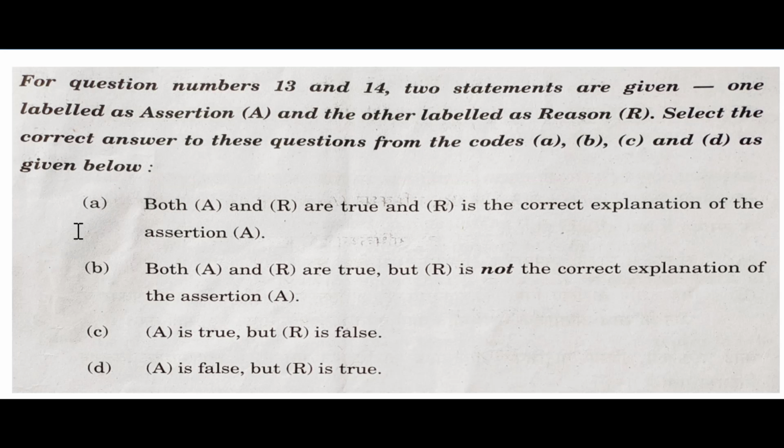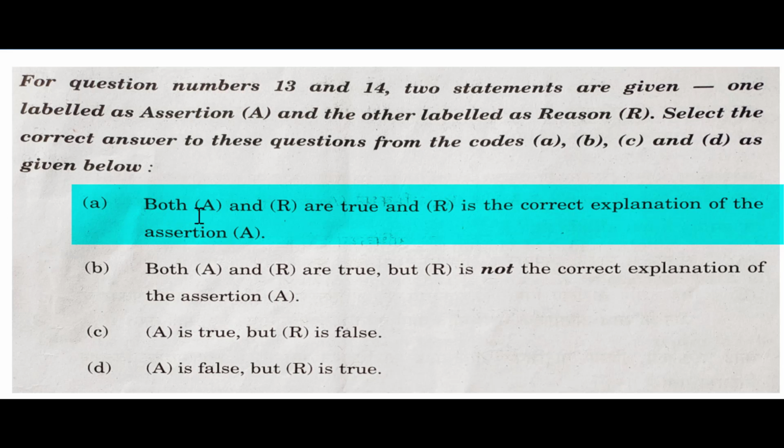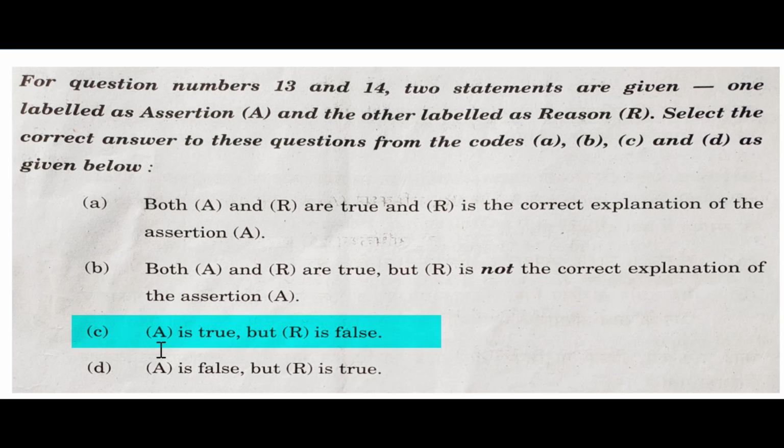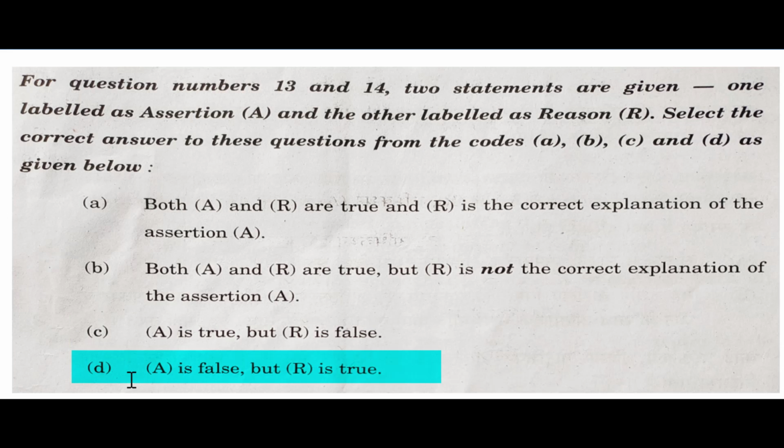We have to give option A if both A, meaning assertion, and R, meaning reason, are true and R is the correct explanation of the assertion A. Option B will be when both A and R are true but R is not the correct explanation of the assertion A. Option C, A is true but R is false. Option D, A is false but R is true.